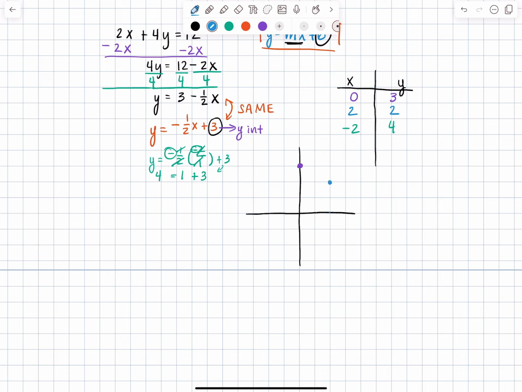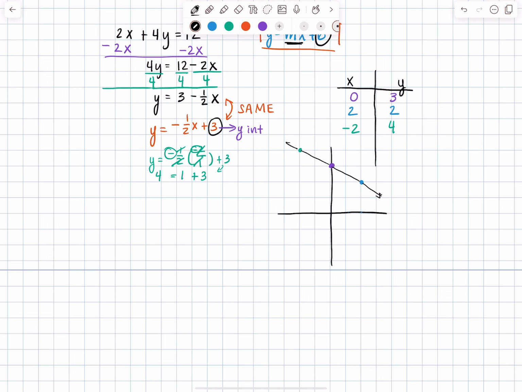And then we have the point -2, 4. So 1, 2, 3, 4. Let me just move this a little this way. So now we connect the dots.